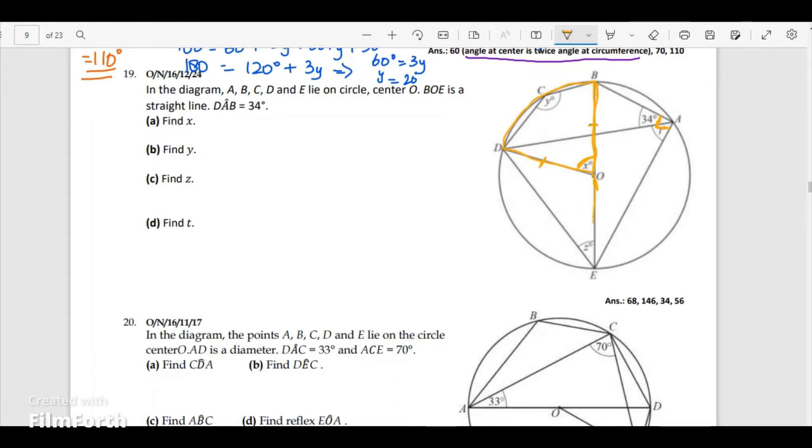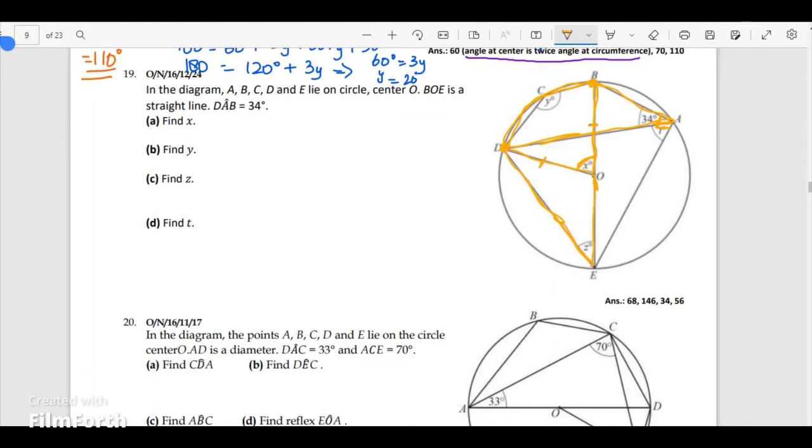So this very arc is making this angle right here in the circumference, and this very arc is making this angle here as well. That's lovely. Two angles being made by this arc BCD, or in other words coming from points B and D.